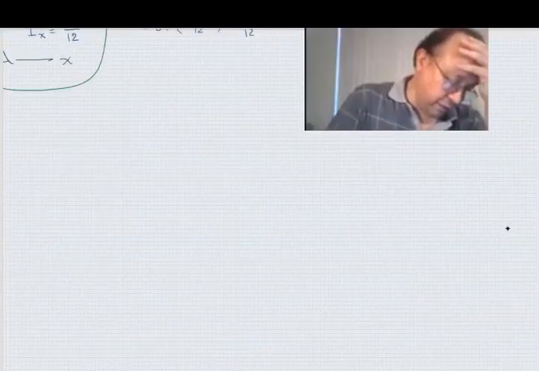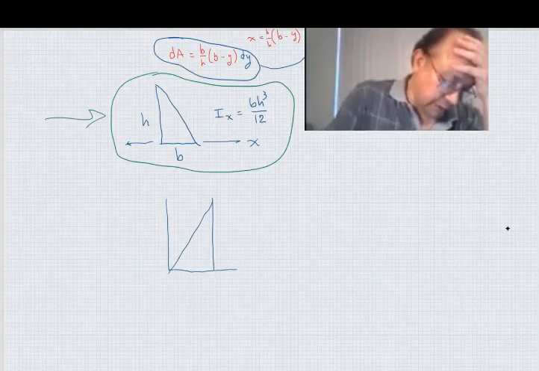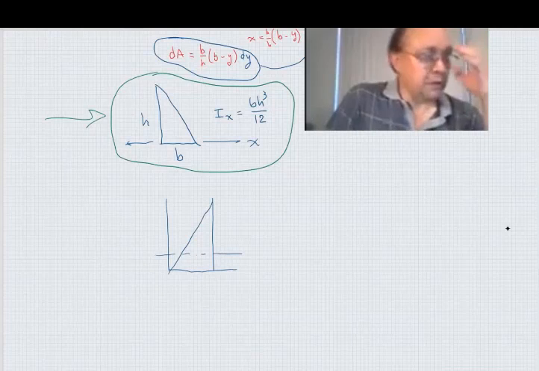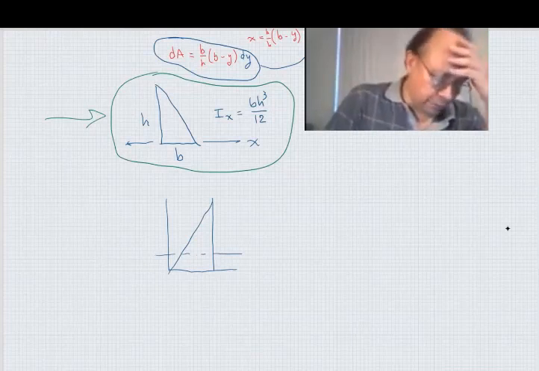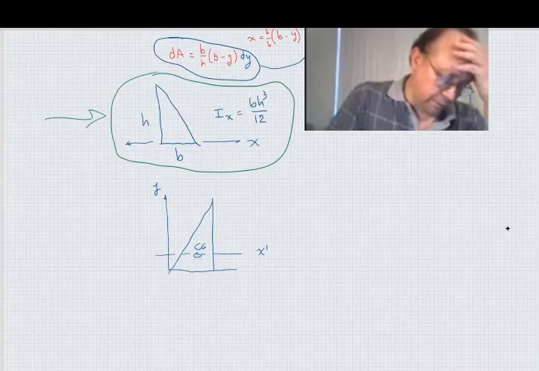Probably the next step will be to find the moment of inertia of a triangle through an axis that goes through the center of gravity. Let's do it like this, maybe it's easier like this. And you put the center of gravity here. This is the x prime, so it's an axis that goes through the center of gravity, y.